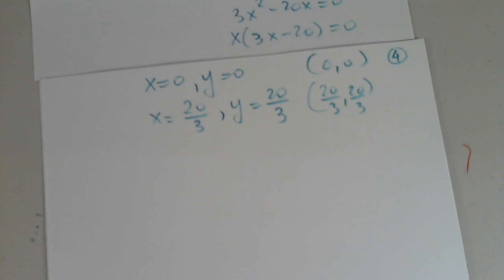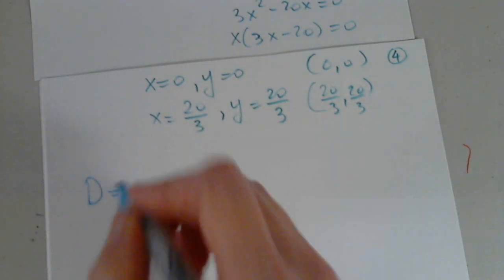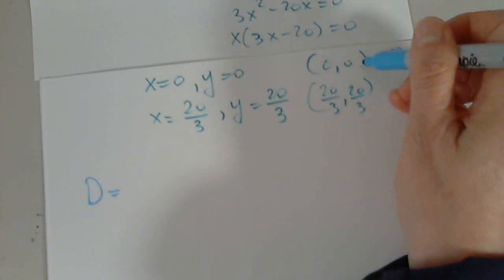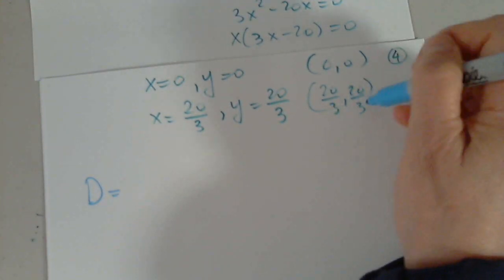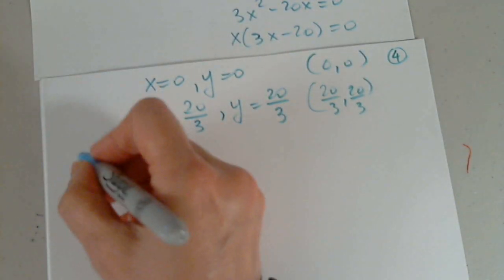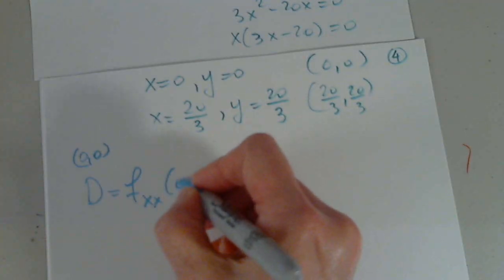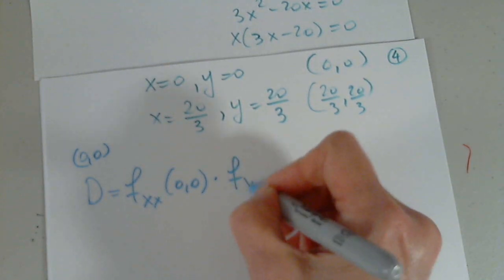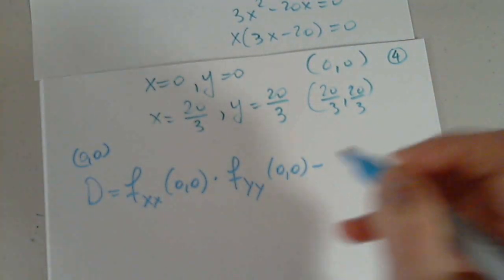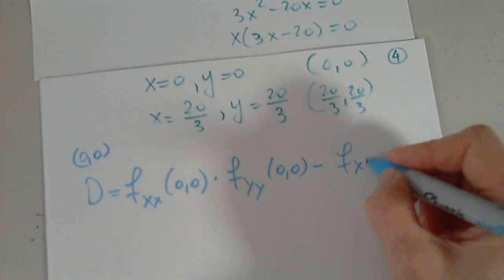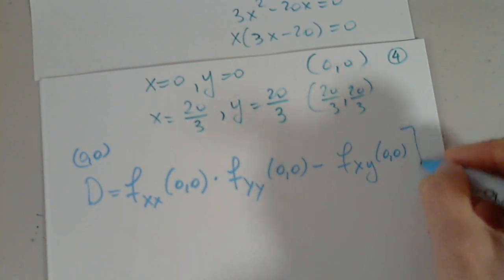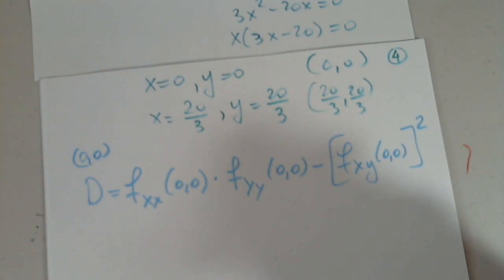So now, remember we have to conduct the D-test, and conducting a D-test means that we have to calculate D in both situations, for (0, 0) and for (20/3, 20/3). So for (0, 0), I have to calculate fxx at (0, 0) times fyy at (0, 0) minus fxy at (0, 0), everything squared.